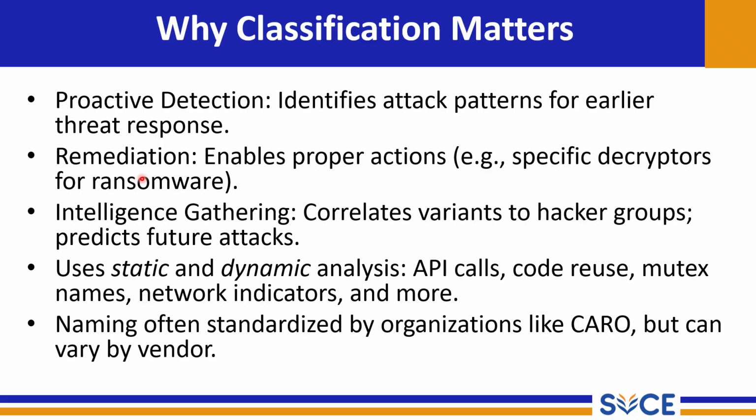Intelligence gathering correlates variants to hacker groups or predicts future attacks. It can also use static and dynamic analysis, API calls, code reuse, mutex names, network indicators, and more. Naming of these is standardized by organizations, but can vary by vendor. So all those things come under this.